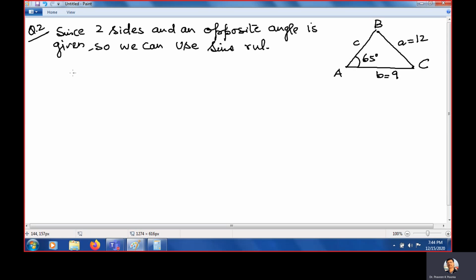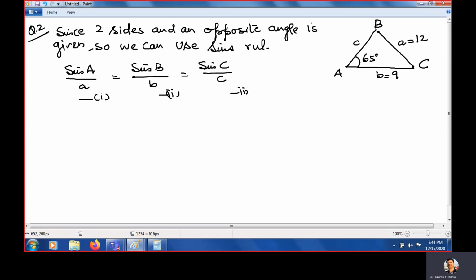Clear? Okay. So what is sine rule? Sine rule is sine A upon A equals sine B upon B equals sine C upon C. Let this be part 1, this part 2, this part 3. These are the three things.